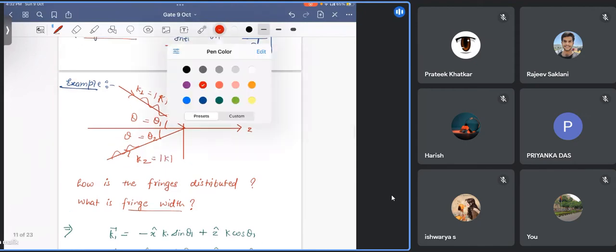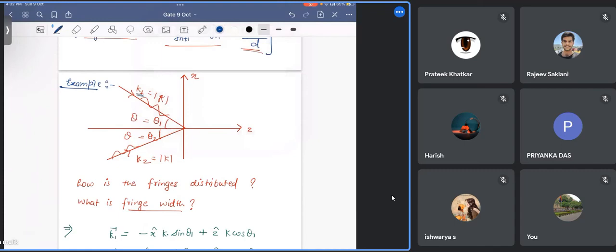So if you look at the direction in this case, K1 has components K cos theta along z cap and K sin theta along x. So you can write the K vector, since its direction is negative, as minus x cap K sin theta plus z cap K cos theta.